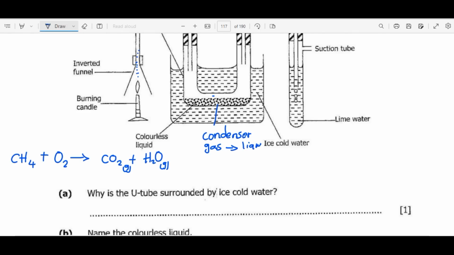So the substance that can undergo condensation is this water vapor. So say to change water vapor back to liquid.